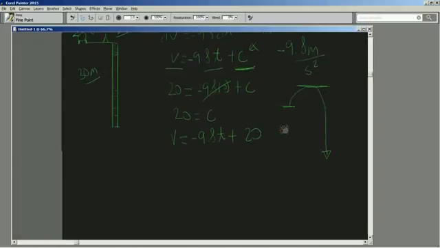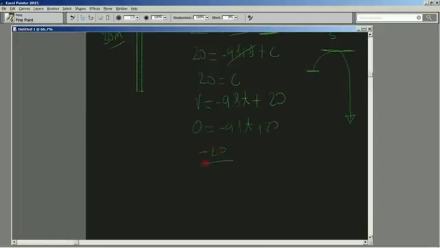This is really easy: we set the velocity to 0. There's only one point where velocity is going to equal 0, since we don't have a square or anything here. So 0 equals negative 9.8 t plus 20, and then we have negative 20 over negative 9.8 equals t. Let me throw this in a calculator real quick: 20 divided by 9.8, 2.04, t is equal to 2.04082.